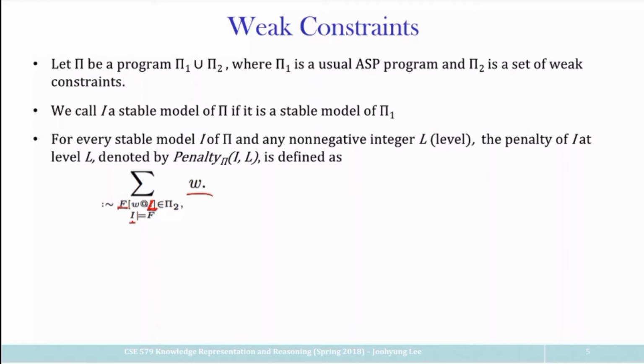So look at all the weak constraints that mention this particular level L, and look at whether this interpretation I satisfies the conjunction of literals there. If it does, then add W into the current accumulation. Okay, we'll look at the example in the next slide, which might be easy to see.